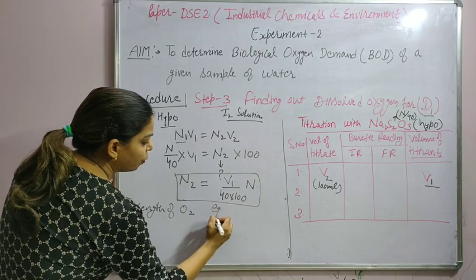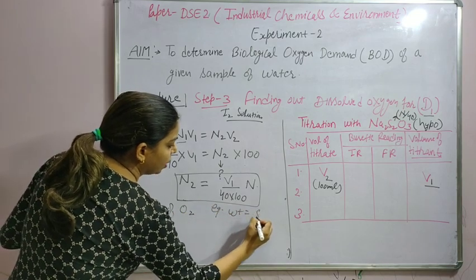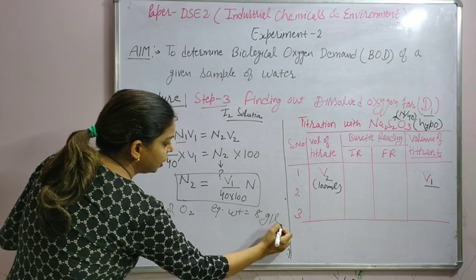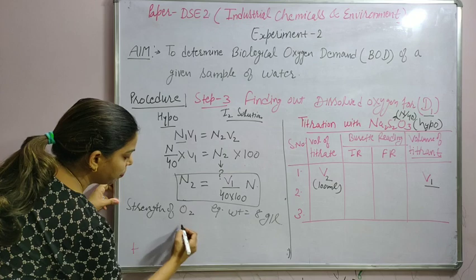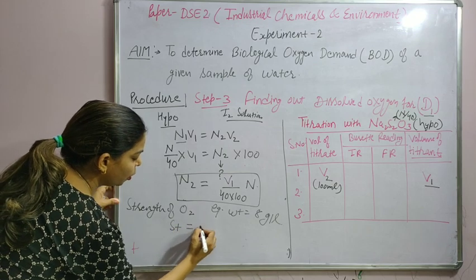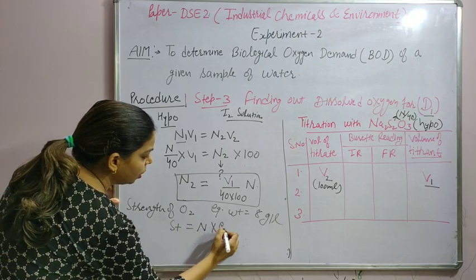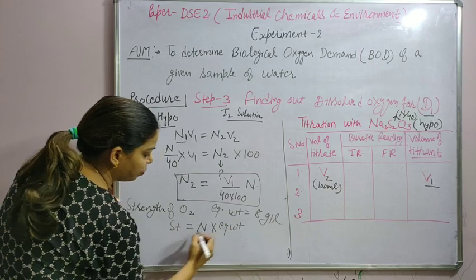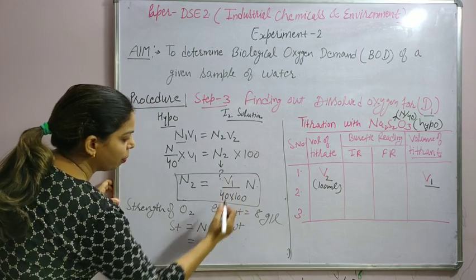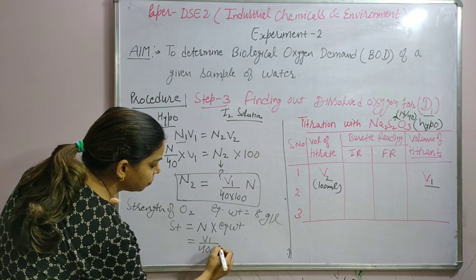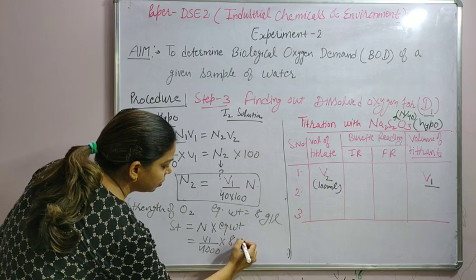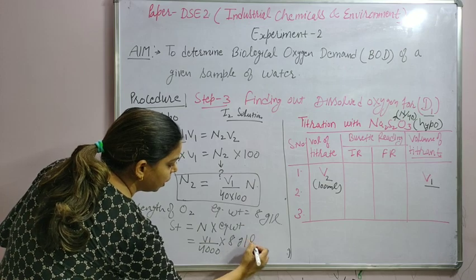The equivalent weight of oxygen is 8 grams per liter, right? And for strength the formula is normality into equivalent weight. Normality you will get from here, V1 by 4000 into 8 grams per liter.